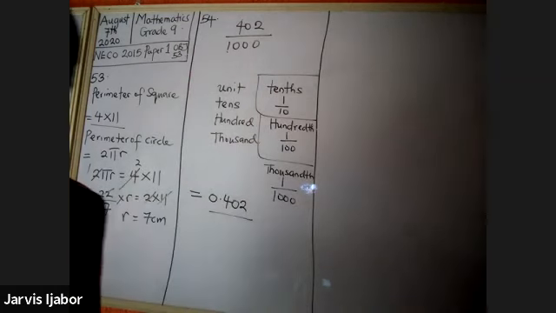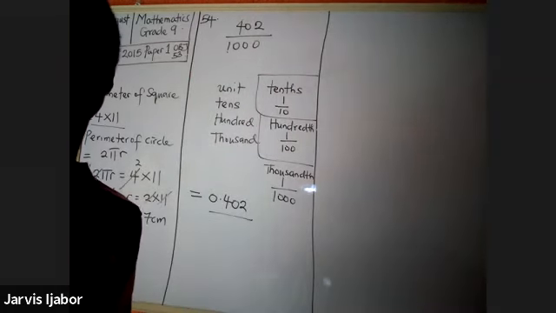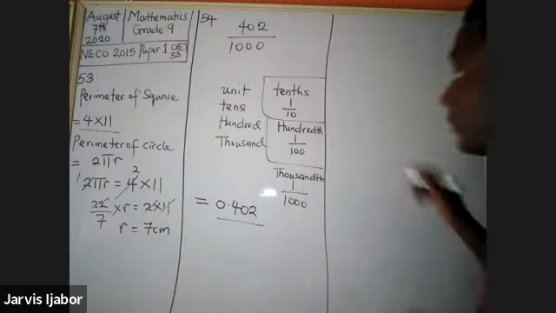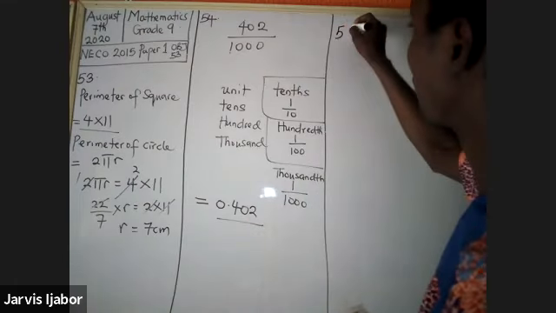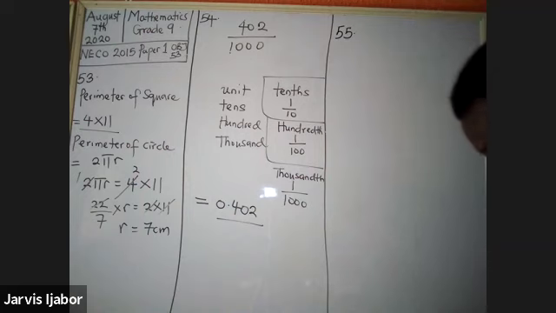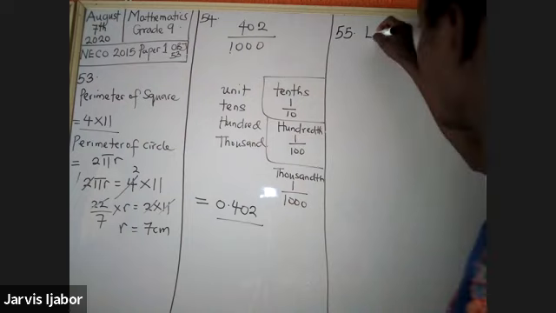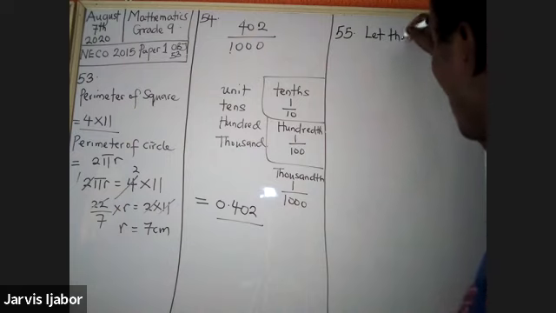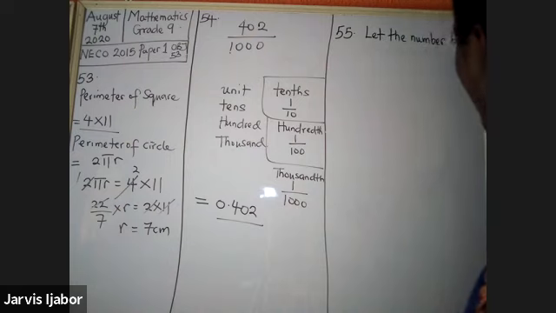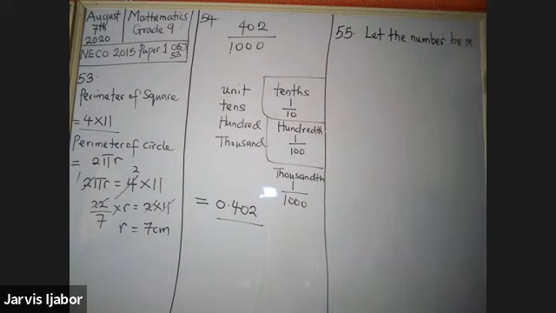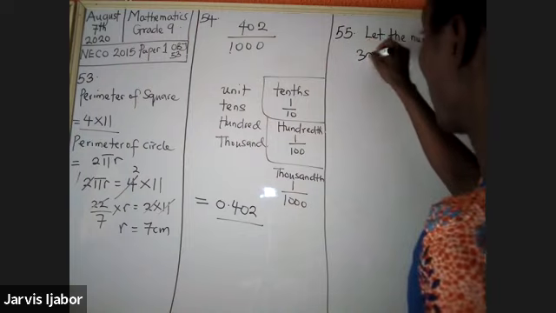All right, let me get to question 55. It says if 12 is subtracted from 3 times a number. So let the number be x. 12 is subtracted from 3 times a number: 3 times a number minus 12.